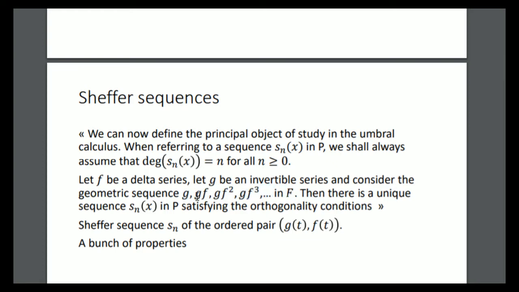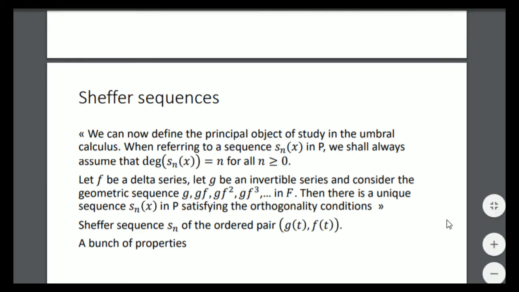So s0 will be g, s1 will be gf, s2 will be gf squared, etc. And then one can show that there is a unique sequence s_n of x in P satisfying the orthogonality conditions. I'm not going to go too much into detail on what the orthogonality conditions are, but it's just saying that there is only one.